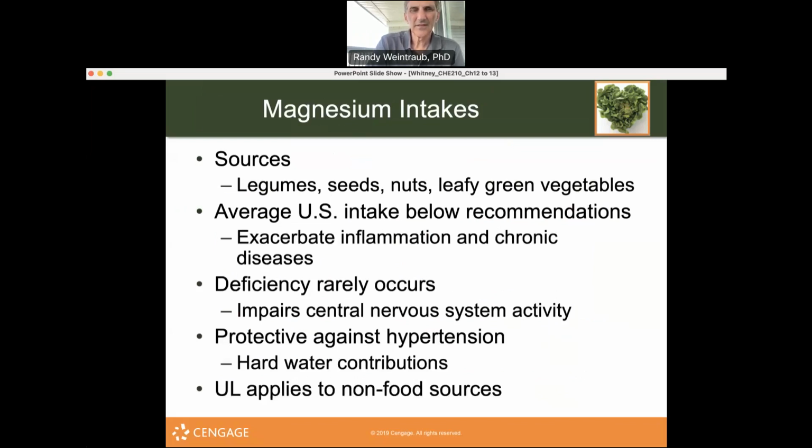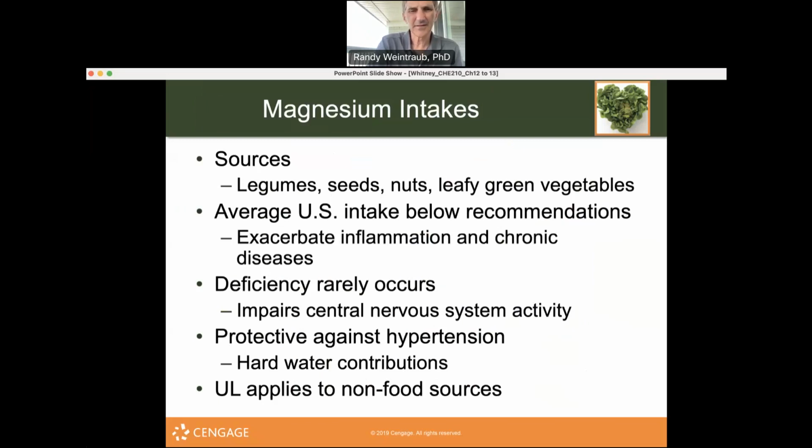Legumes and nuts, leafy green vegetables are good sources. Typically, the U.S. population is low in their intake of magnesium, which could exacerbate inflammation and chronic diseases, though full-blown deficiency rarely occurs.